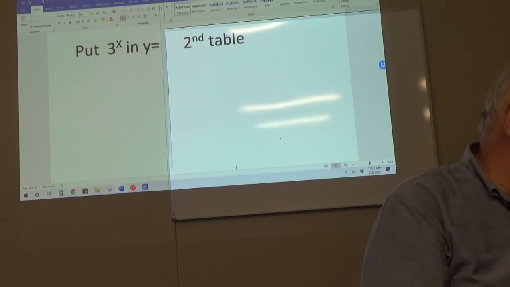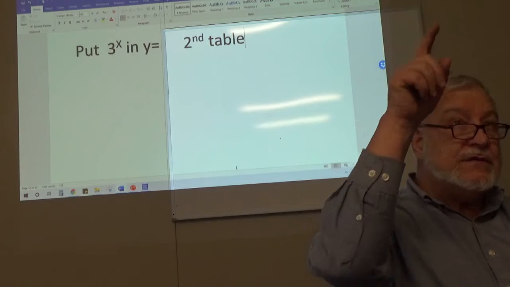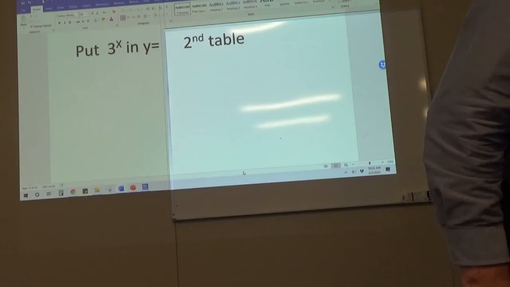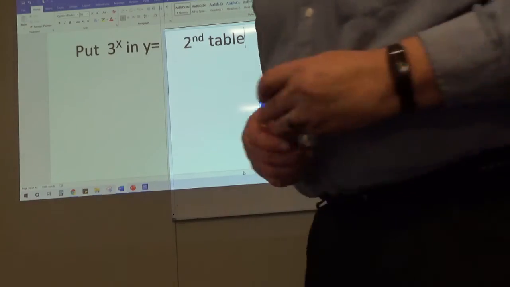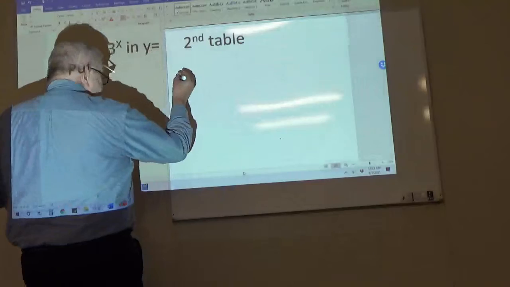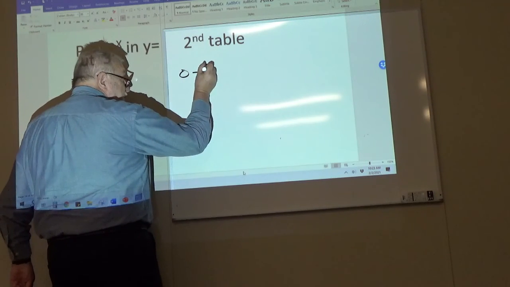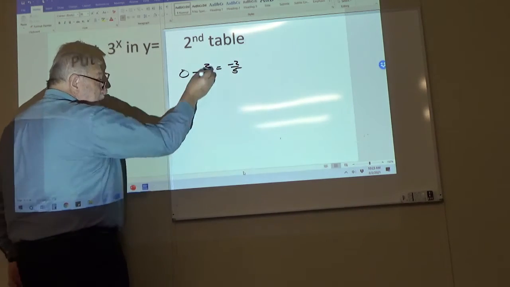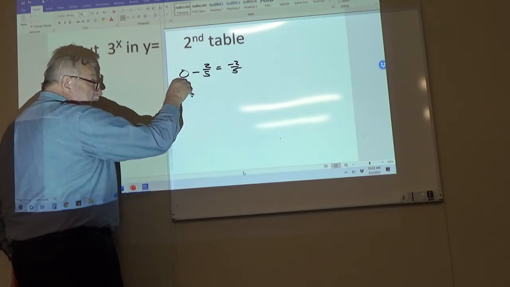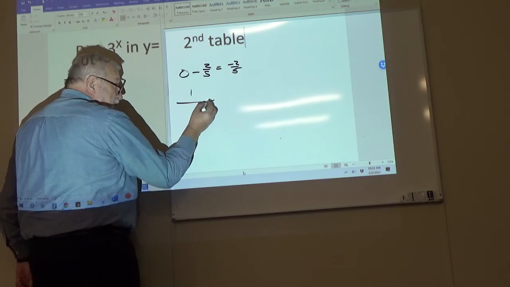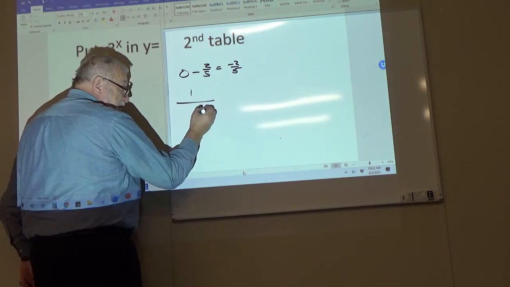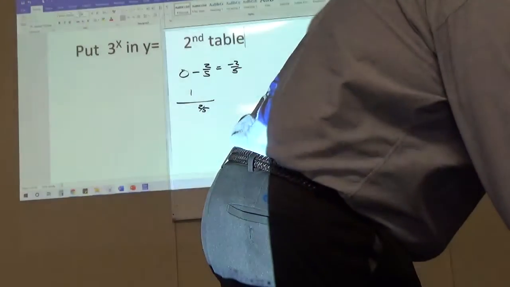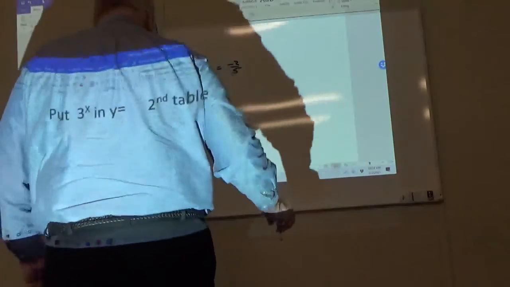All right, and here's how that works. What is 0 minus 2/5? 0 minus 2/5 is negative 2/5, right? Well, if you know your work, this is 1 over 2/5. We've got to see what the base number was. Base number is 32.